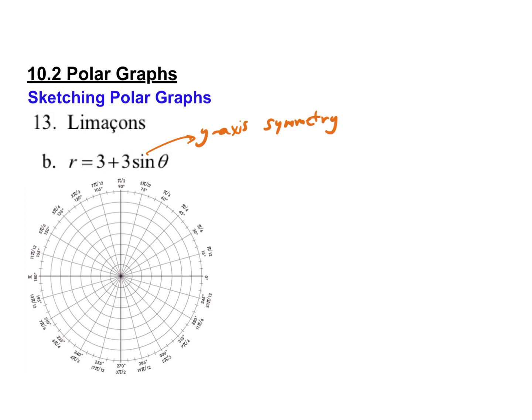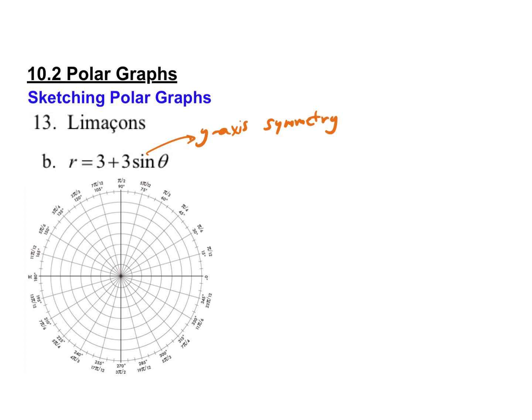Now I'm going to approach this the same kind of way. Well, actually, that's not quite accurate. I want to find out a couple things. What is the maximum radius that we can have for a problem like this?